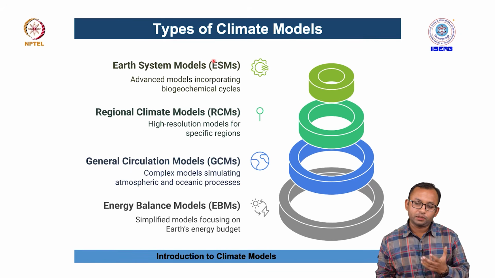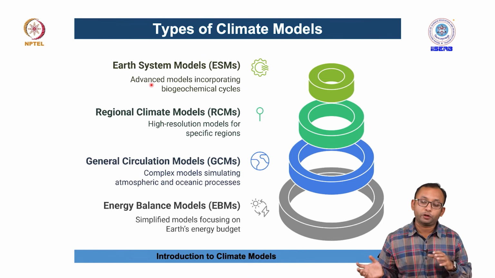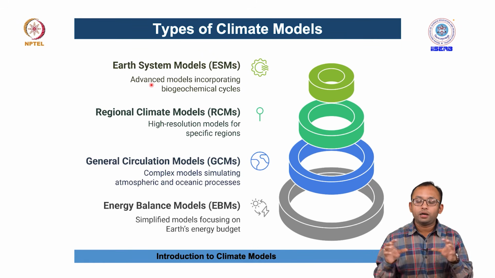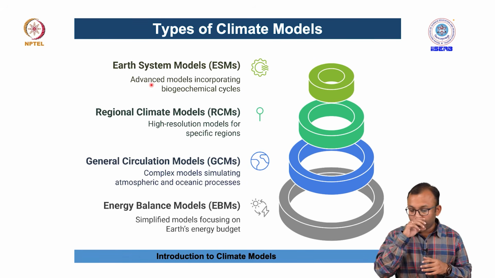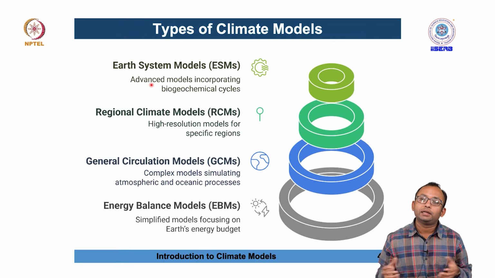These Earth System Models are called advanced models, incorporating the biogeochemical cycle and multiple different Earth system spheres and environmental spheres, which can integrate into one and model Earth as a whole, and how they are interacting with each other.